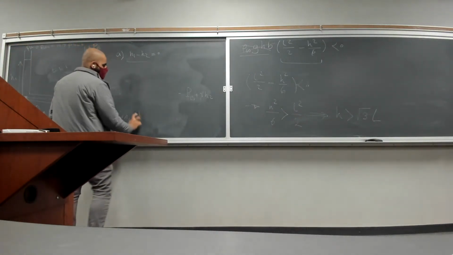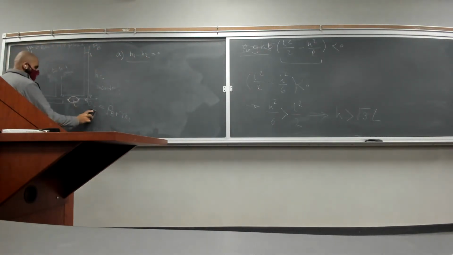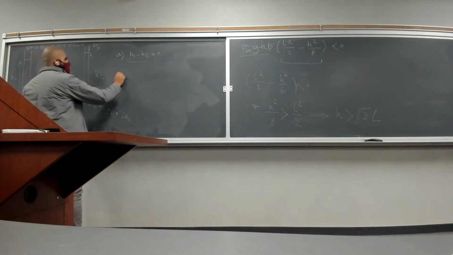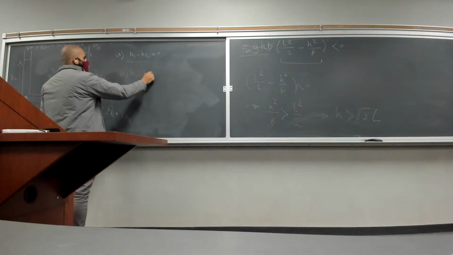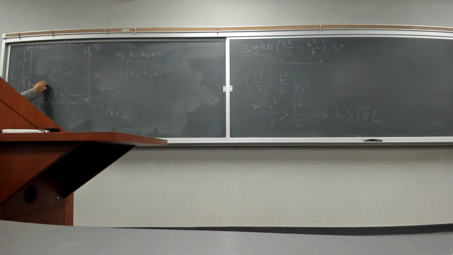Let's do part B. Part B is telling us to find that height difference, H1 minus H2, when the air bubble moves here. How is this going to affect our calculation?